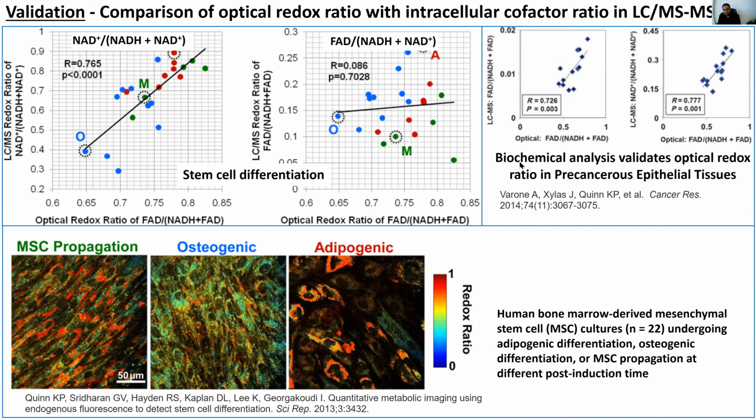But another paper that looked at it is from Kyle's lab again, which looks at optical redox ratio in precancerous epithelial tissue, and I'll come back to this precancerous epithelial tissue again. These are epithelial tissues which are differently modulated because some of them have higher chances of getting cancer. In this case, the LCMS ratio and the optical redox ratio are highly correlated in both definitions.